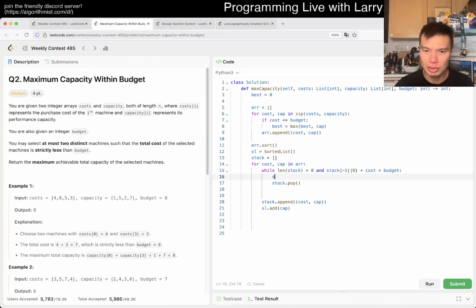The top of the stack is going to be the cost, and cap is equal to this, and then we can remove it from cap, in theory. Otherwise we do this, and then now we can just take the max, right?